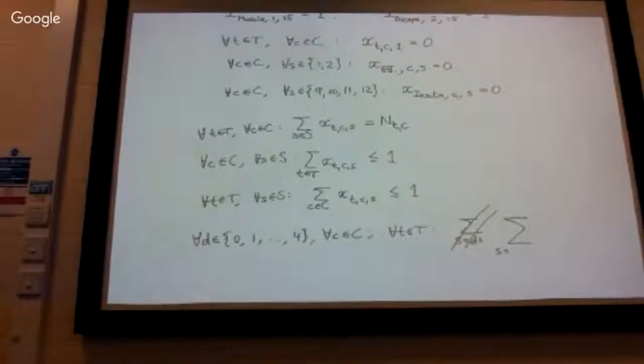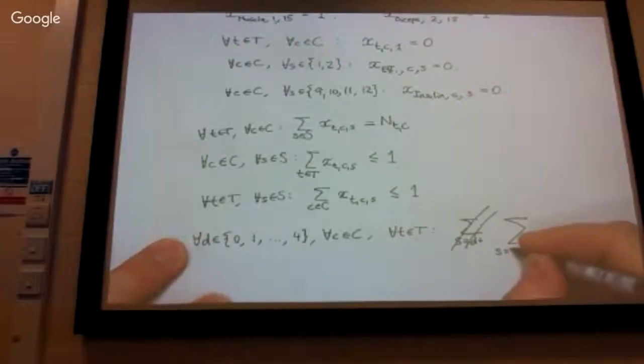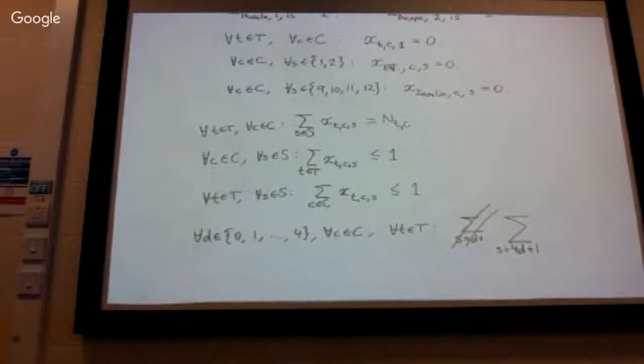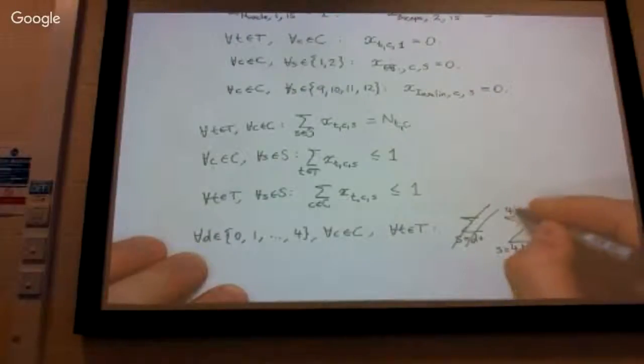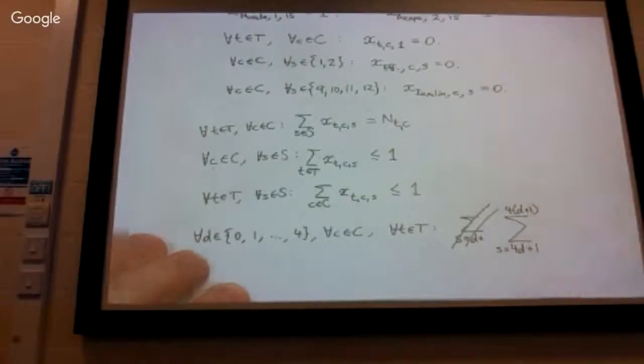So every day starts 4 slots later than the previous day. So what I need to do is start from 4D plus 1, which for Monday gives me 1. For Tuesday, it gives me 5. The next one is 9. For Friday, it gives me 17. And the last slot is 4D plus 4, or 4 times D plus 1. Sorry, that's the last slot on day D.